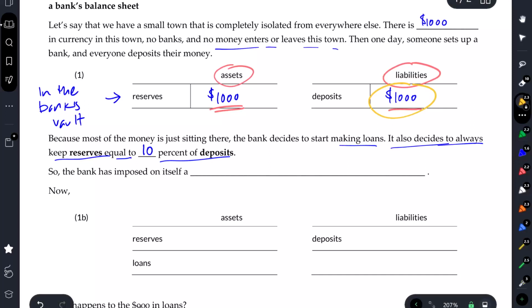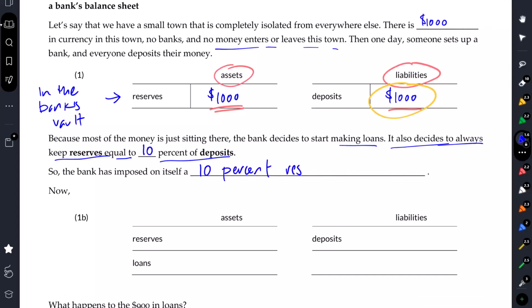That is 10% of this $1,000. It's always going to keep in reserve, that is in the vault. All right, so we call this a 10% reserve requirement, and whatever the percentage is can be higher or lower, but we'll use 10% in this example.